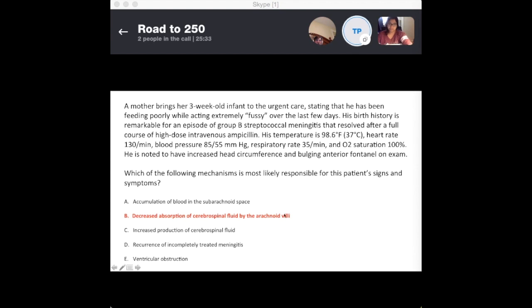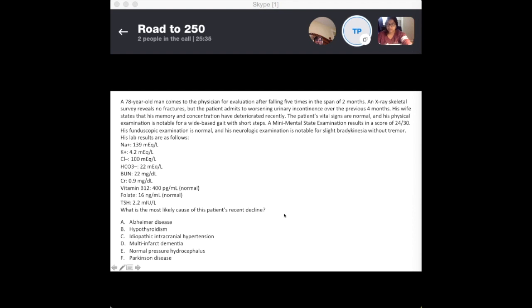Okay, next one. A 78-year-old man comes to the physician for evaluation after falling 5 times in the span of 2 months. An X-ray skeletal survey reveals no fractures, but the patient admits to worsening urinary incontinence over the previous 4 months. His wife states that his memory and concentration have deteriorated recently.